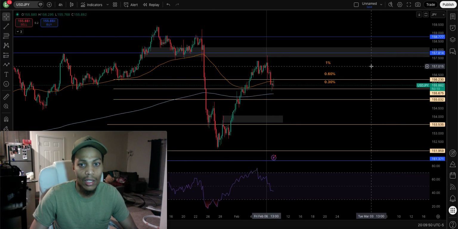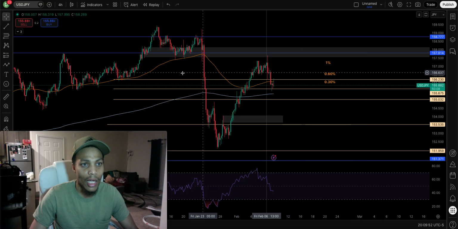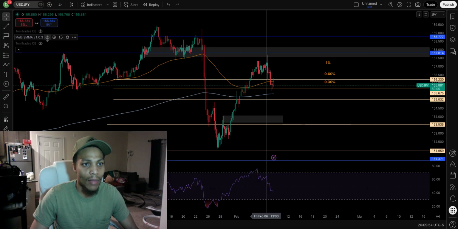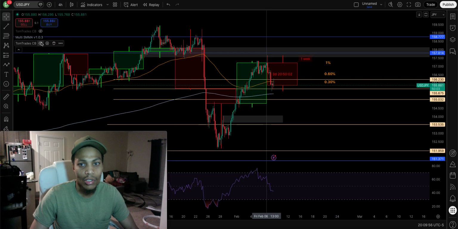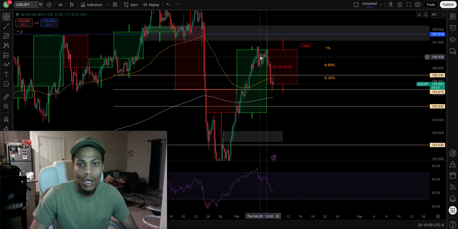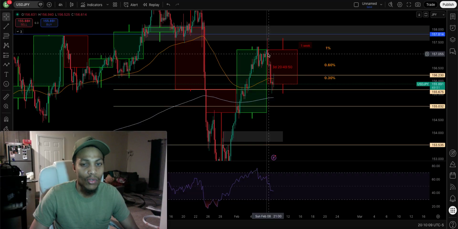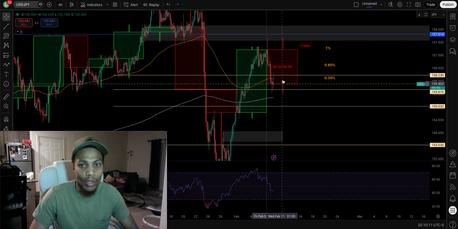Since the US dollar is constantly pushed down, I expect UJ to continue to push down. You can see here that we're already starting to get below this moving average. Now we did close bullish the previous week, but like I said, it was in this range. If UJ is to push up from here, it should push higher from here.